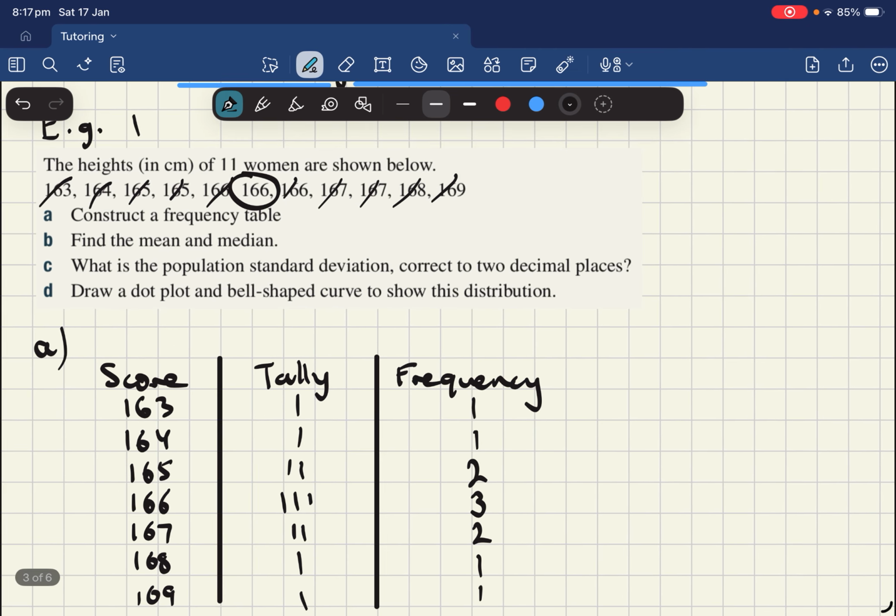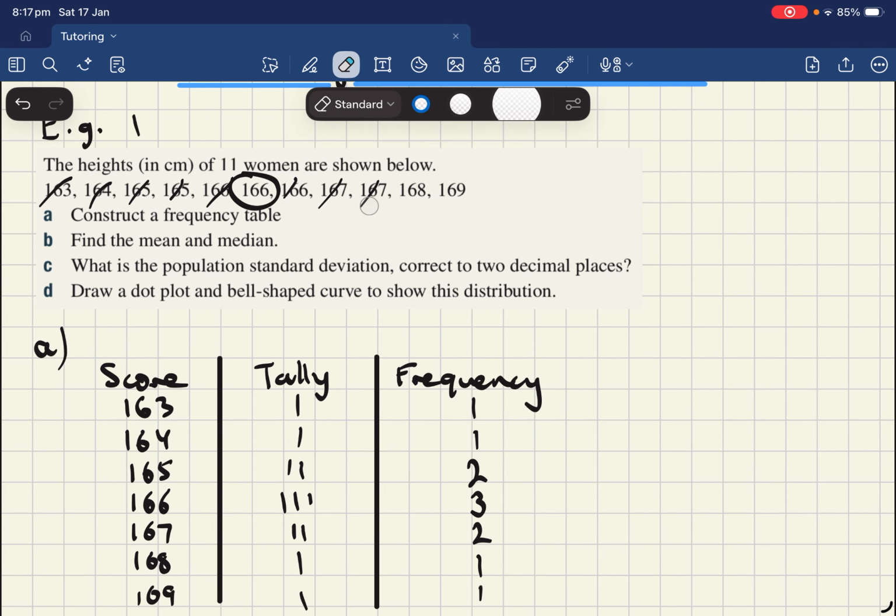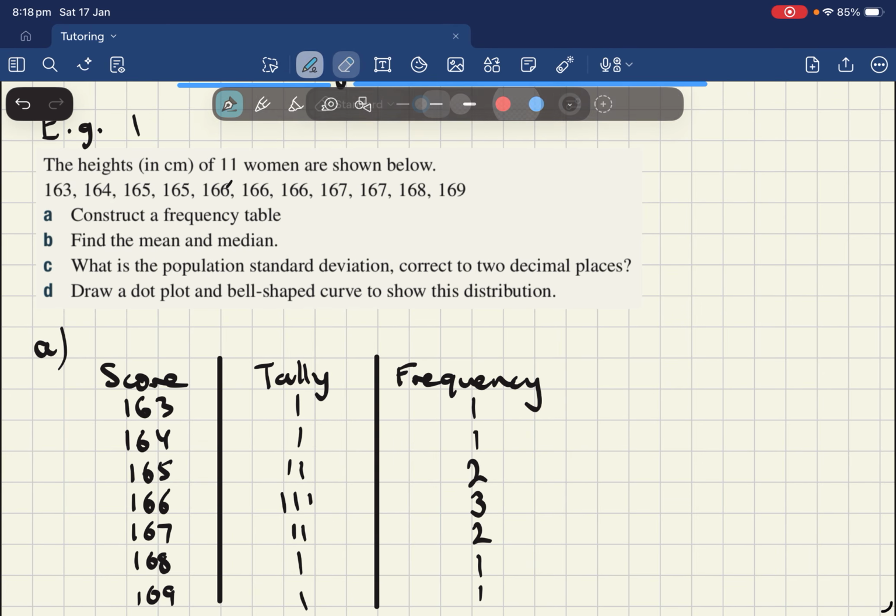Okay, so next one, it's asking us, what is the population standard deviation correct to 2 decimal places? Now, this is basically just entering into a calculator. We've done this in previous videos where I've actually shown you how to enter this into a calculator.